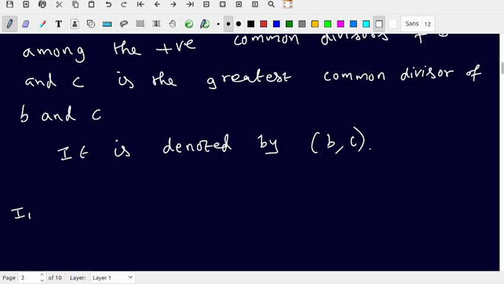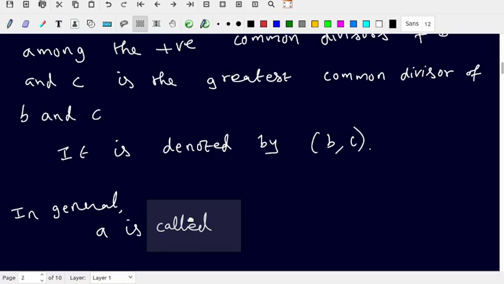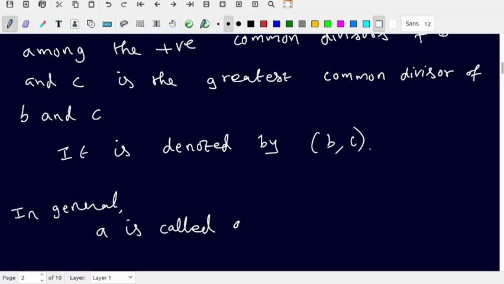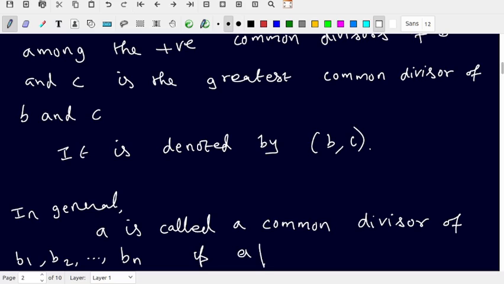In general, A is called a common divisor of B1, B2, etc. Bn if A divides bi, all the numbers b1, b2, etc. bn.